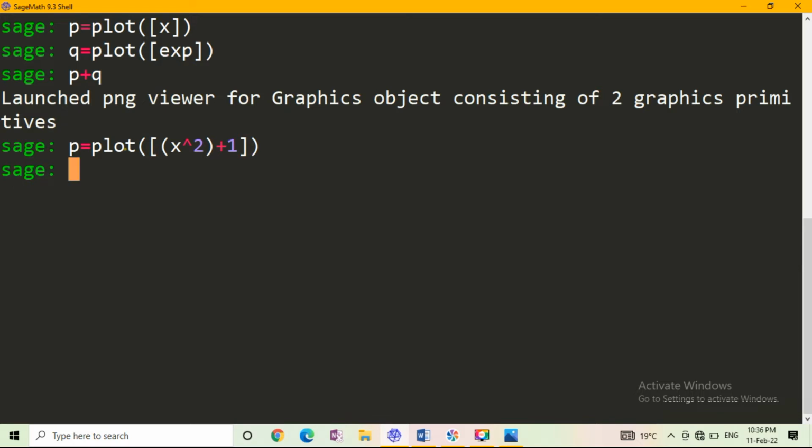After that you put q is equal to plot e to the power x, then press enter. After that you write p plus q and press the evaluate button on the Sage Cell server, otherwise you press enter on your desktop version.